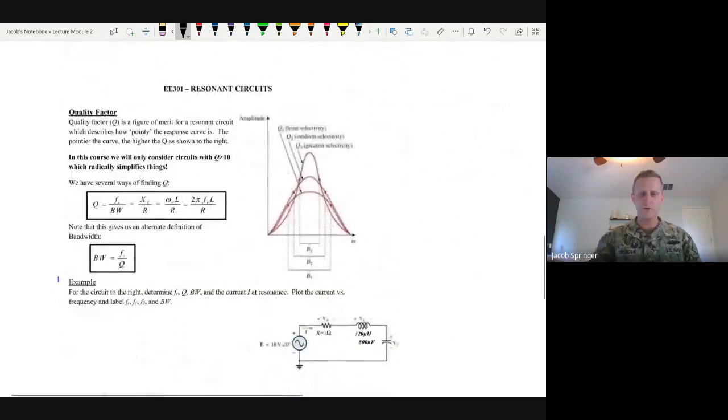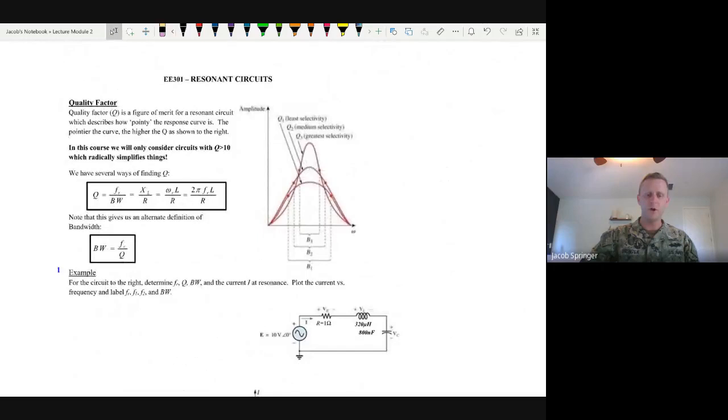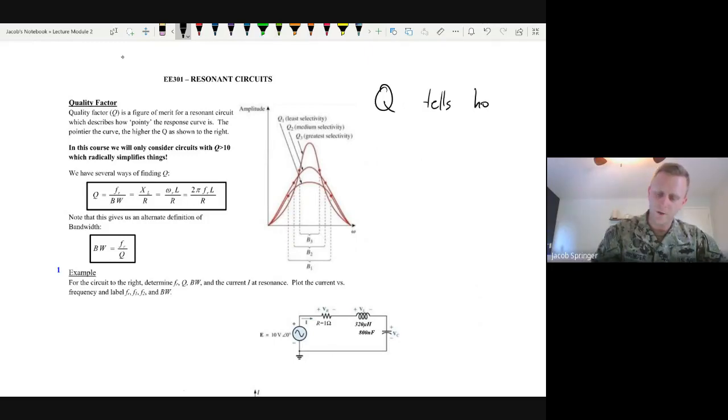Now there's another term that we need to know, and that's called the quality factor. The quality factor Q tells, you could say, how pointed or flat the curve is.